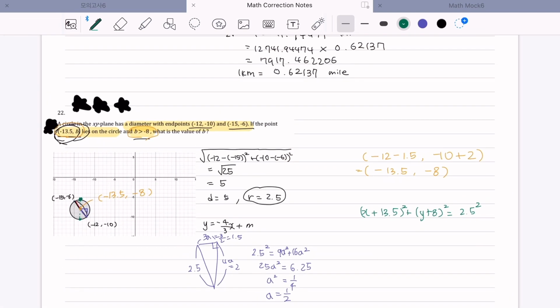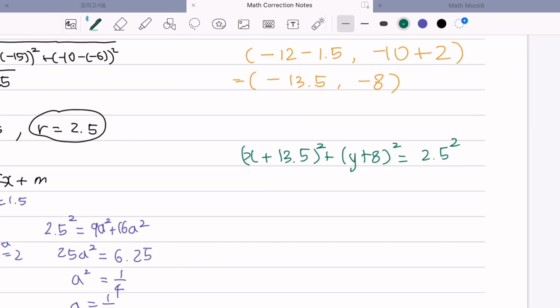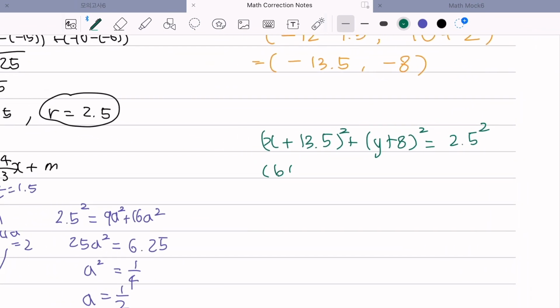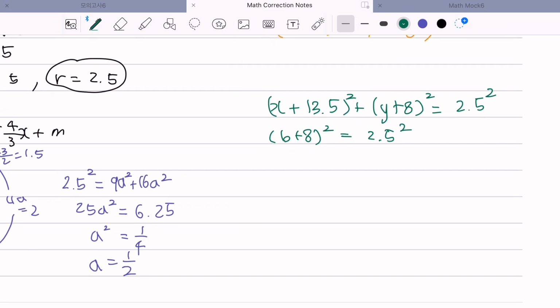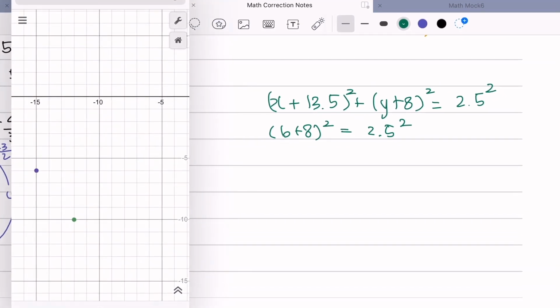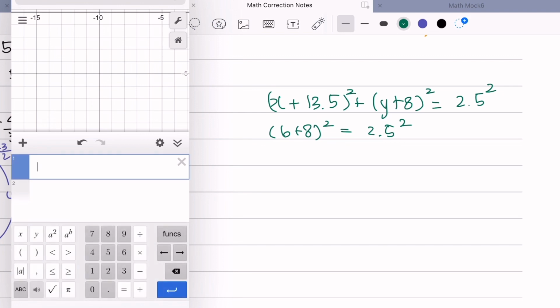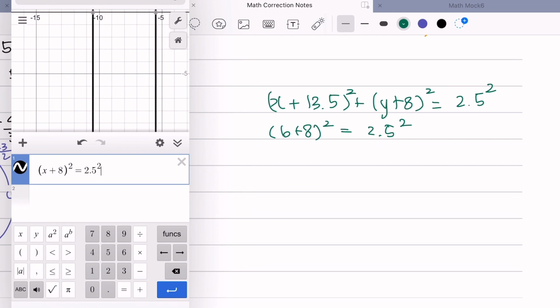And we know the x value, so it would be (b + 8) squared is 2.5 squared. And when you put this equation in Desmos, let's put it together. (x + 8) squared is 2.5 squared.